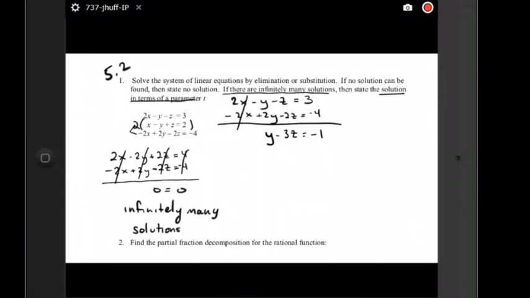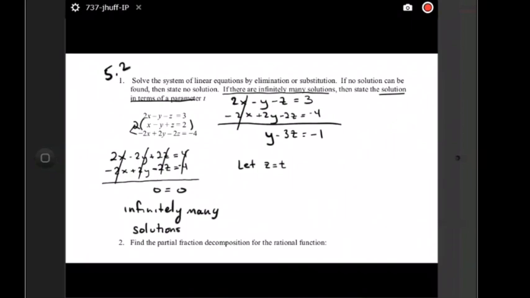And the convention we talked about when we did this a couple weeks ago: when there are 3 variables and 3 equations, you always let z equal t when you're parameterizing if there are infinitely many. So I would start with let z equal t. Then we've got to figure out what y equals.